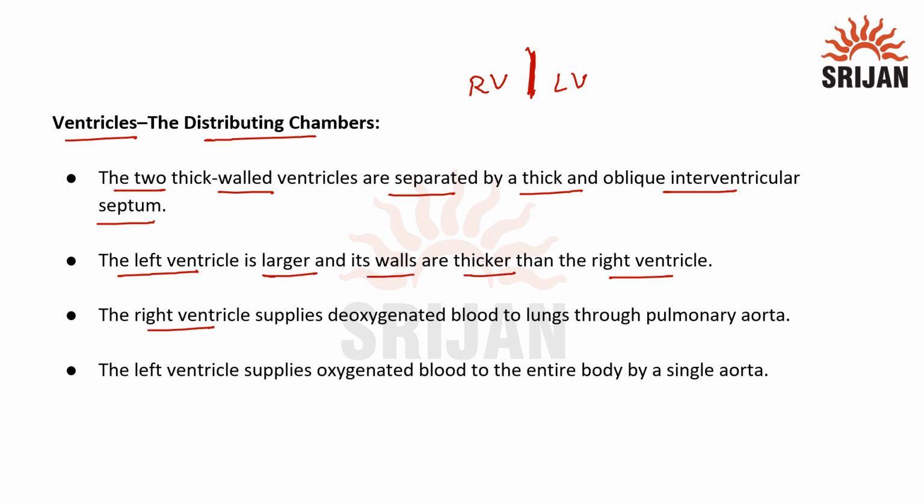The right ventricle supplies deoxygenated blood to the lungs through the pulmonary aorta. So here we will have the pulmonary aorta which will supply deoxygenated blood to the lungs. Then we have the left ventricle which supplies oxygenated blood to the entire body by a single aorta. So here we'll have the aorta which will supply oxygenated blood to the entire body.